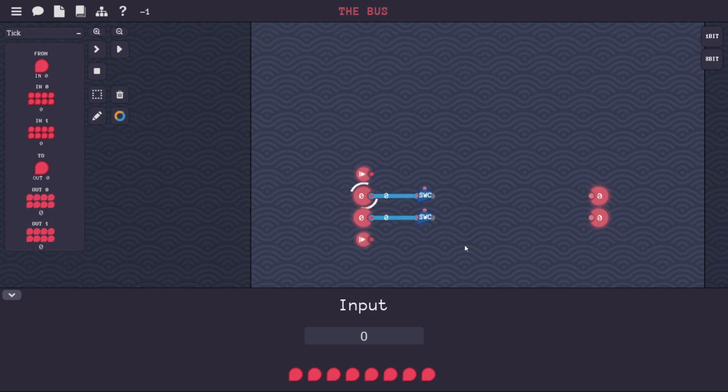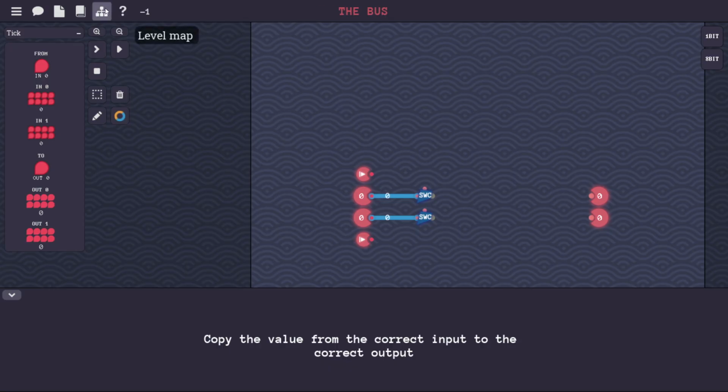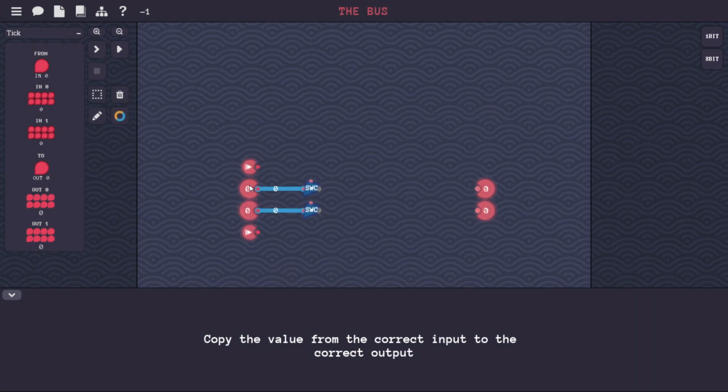So we are told that if this is off, in 0 should be selected. So off, and the way we select this is we also have negation.